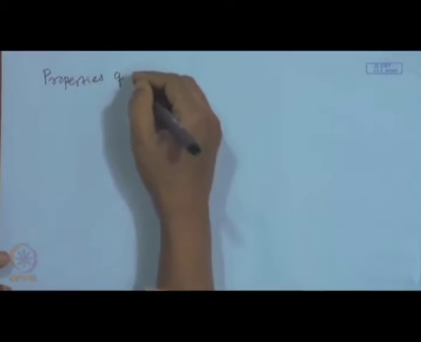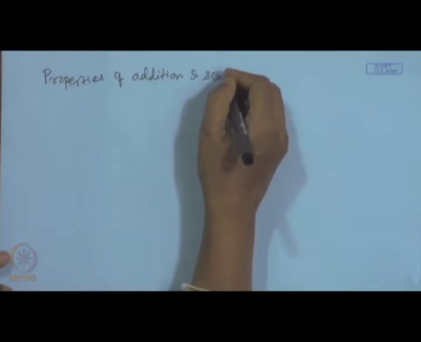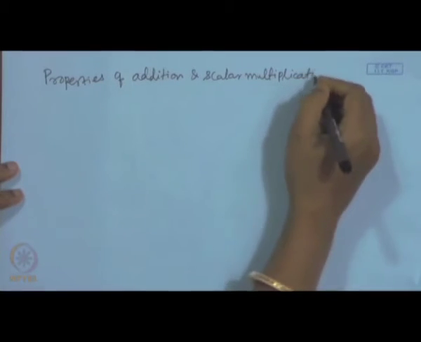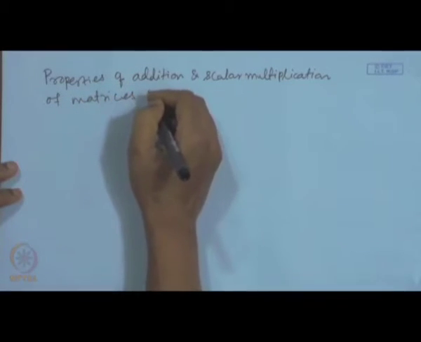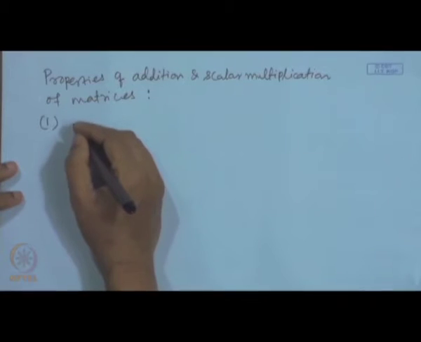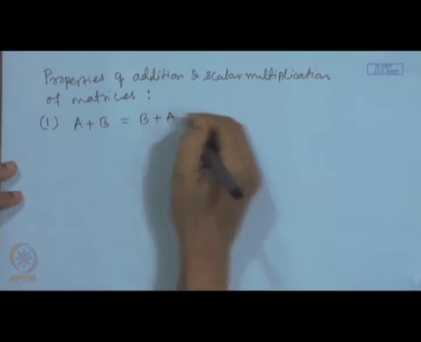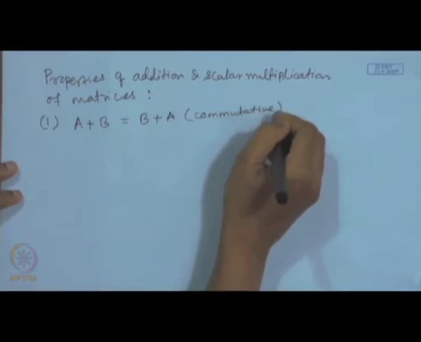The first property is A plus B is equal to B plus A, that is, matrix addition is commutative.